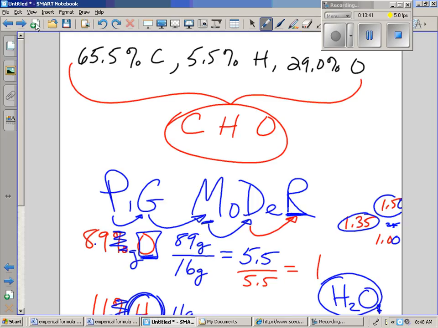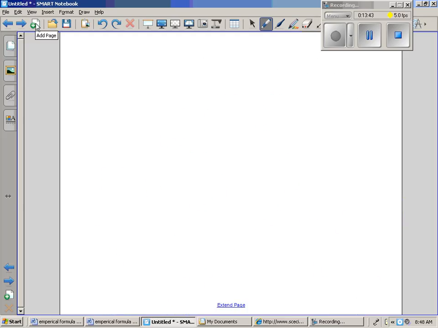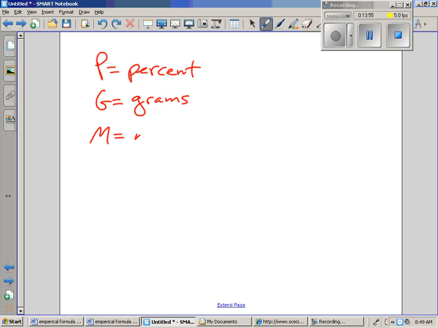I'm sorry, I didn't tell you this thing. So P is for percent, just so you have something. G is for grams. M is for moles. D is for divide by lowest mole number.